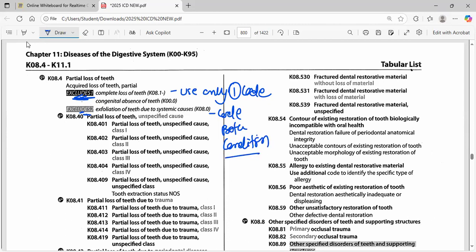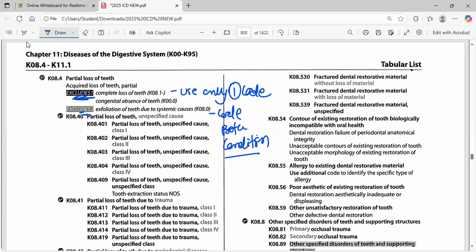So whenever a patient has two conditions and both conditions are in the exclude 1 of each other, in those cases we have to use only one code. We are not allowed to use both the codes at the same time.